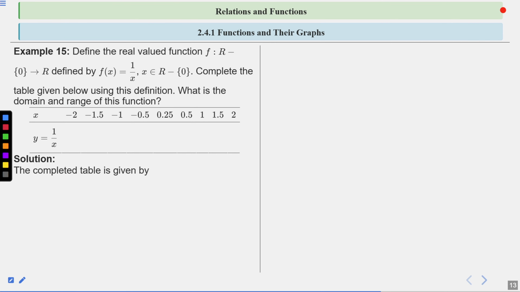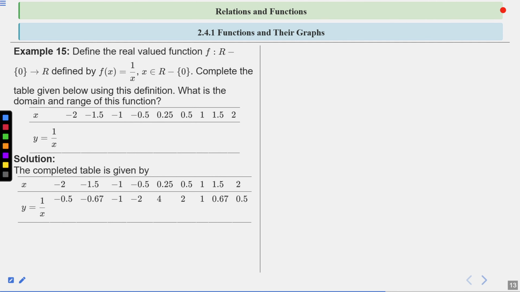So the completed table is, we are given the input values, so we just have to find the output values according to this rule, this relation. If the input is -2, the output is going to be 1 by -2, which is -0.5.